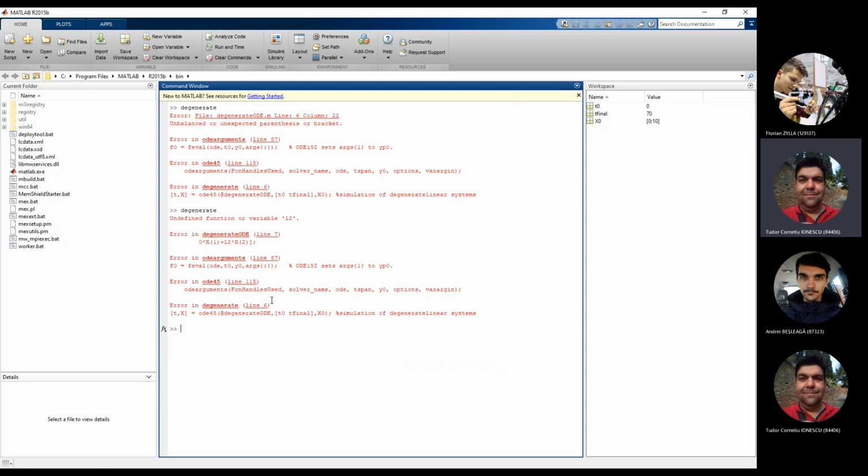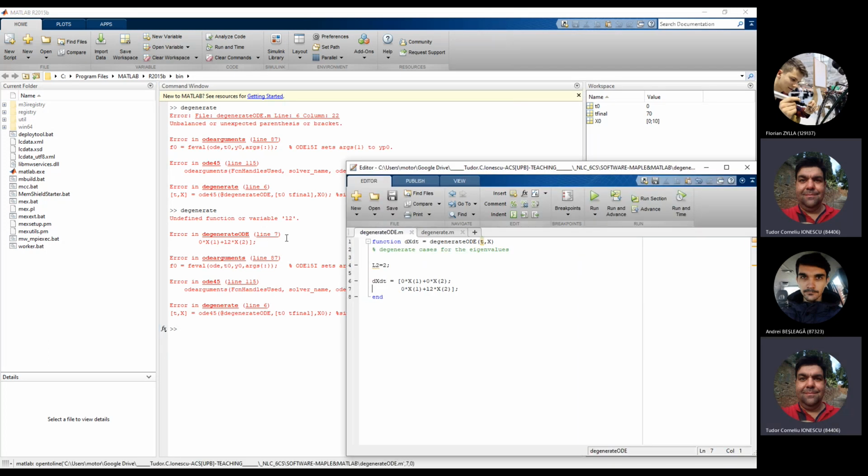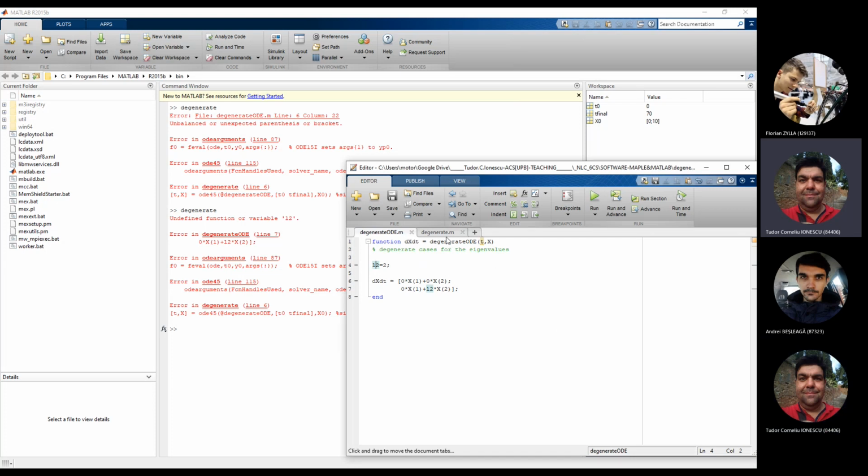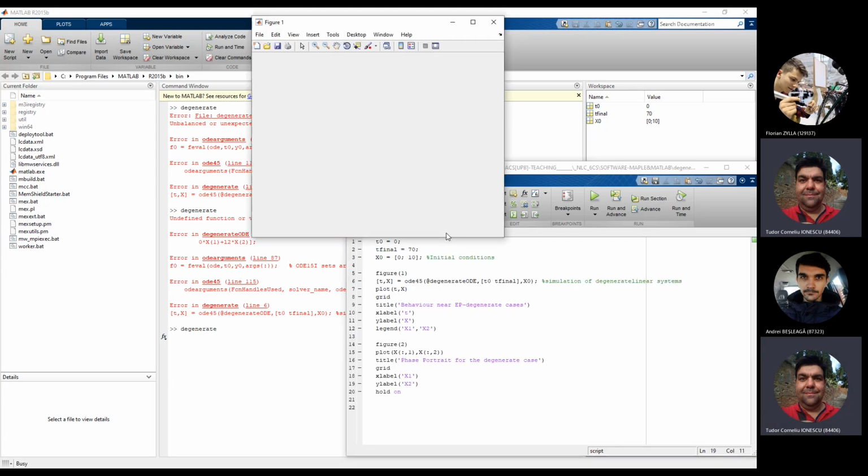L2. Degenerate line 7. Oh, because this is capital L. Sorry about that. Save. Something's running. Maybe we'll see some plots.